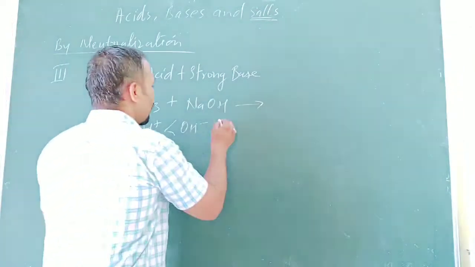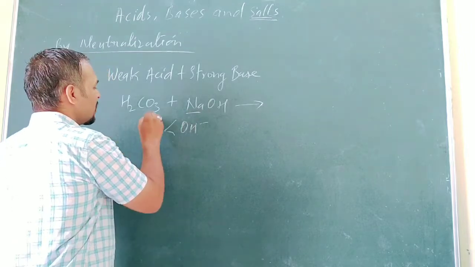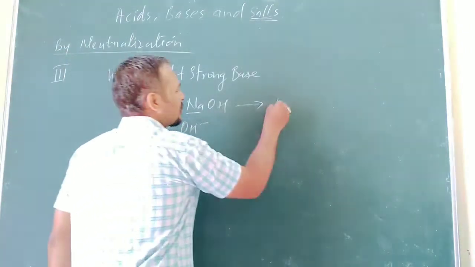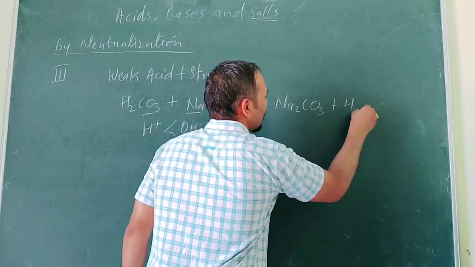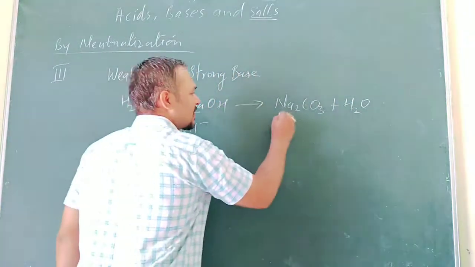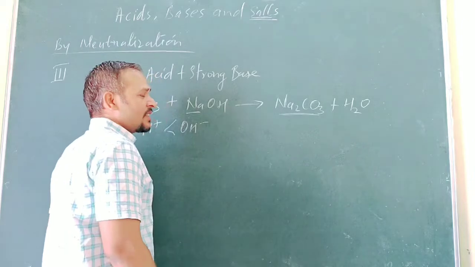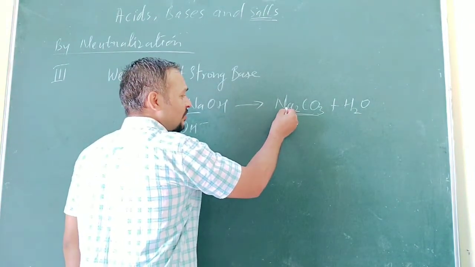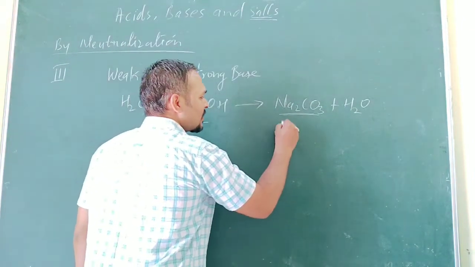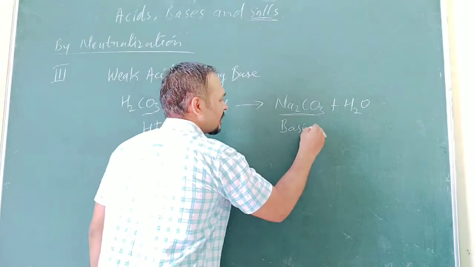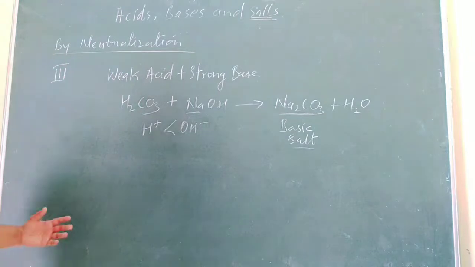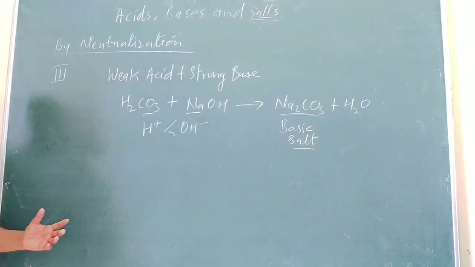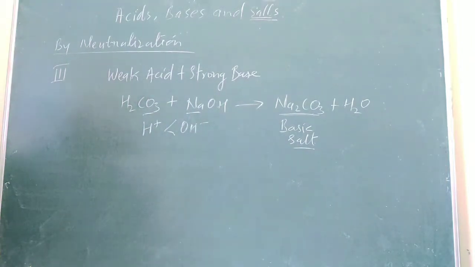Is that clear? What is formed? From the base, sodium; from the acid, carbonate. So the salt sodium carbonate is formed along with water, right? What is the nature of this salt? Sodium comes from a strong base, so it is a basic salt. I hope you understand what basic, neutral and acidic salts are and how they are formed.